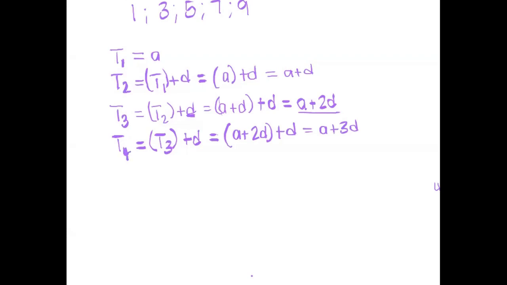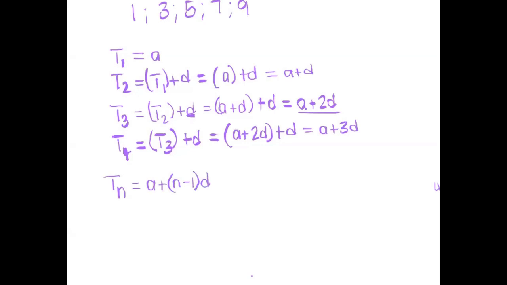So then now in the general term, you write, the general term is basically the nth term because you don't know which term you want to determine yet. So we write it down as Tn is equal to A plus (n minus 1) D.